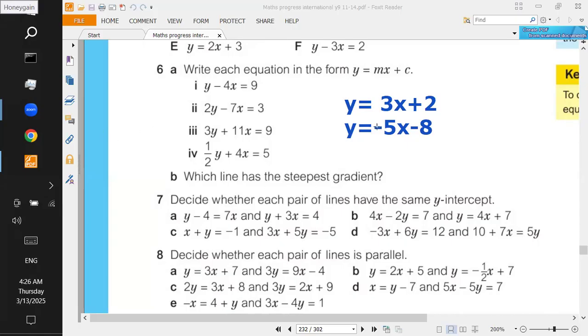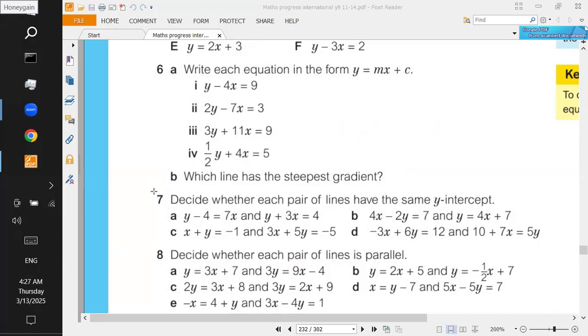As I said, you don't look at the signs, look at the numbers of the gradients. Which one is the highest, the 3 or the 5? Very good, the 5 is the highest. This means that this line has the steepest gradient, or is the steepest line. So the higher the number of the gradient, doesn't matter if it's positive or negative, it means that the line is the steepest line.